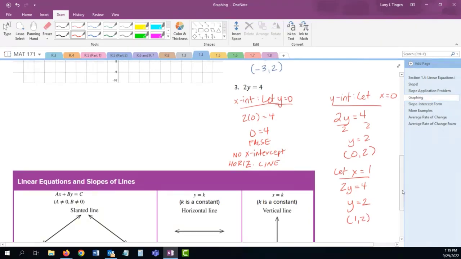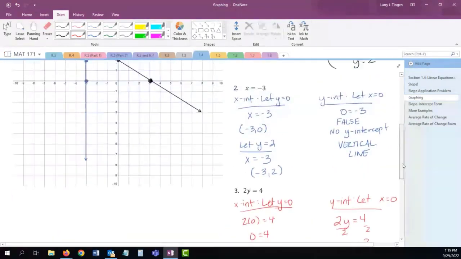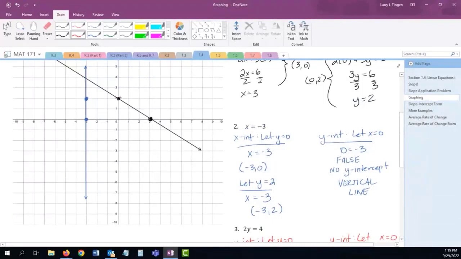So there are my 2 points, (0, 2) and (1, 2). (0, 2) actually happens to be the same point that we found for our y-intercept for the first problem. And then (1, 2) is right beside it. I now have 2 points, which means I can draw a straight line through them. And there they are.